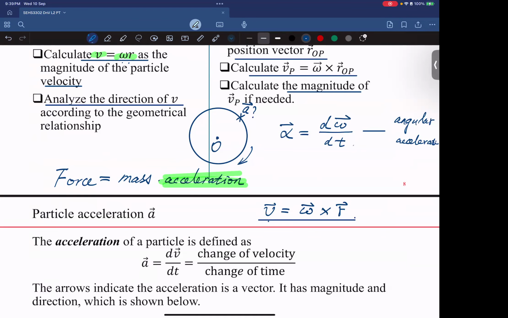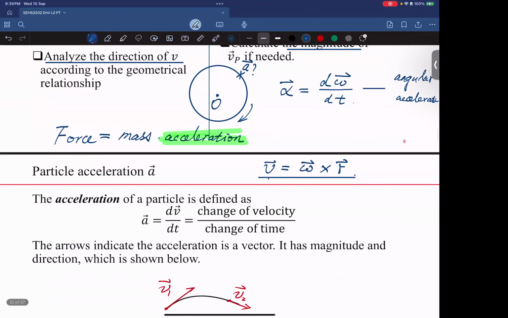This is what we need to know. For such an acceleration, we still need to do some derivation before we go further.